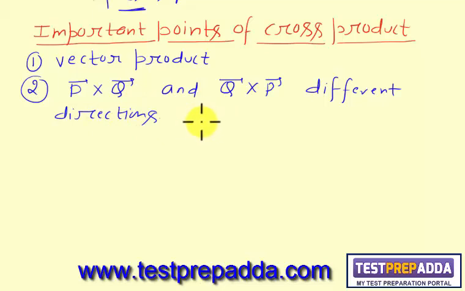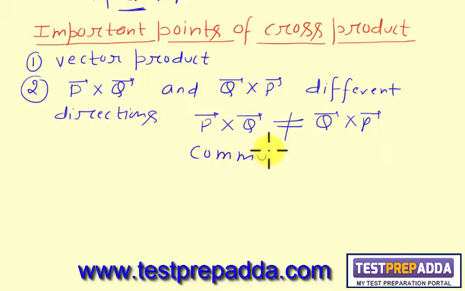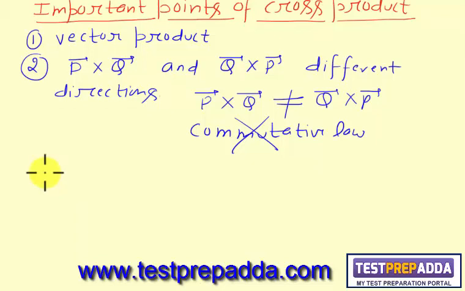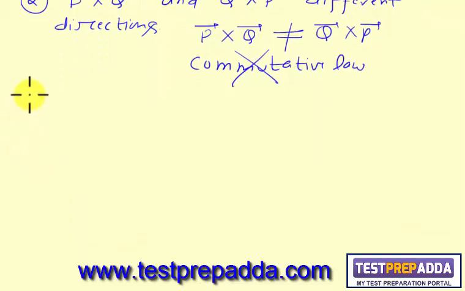If they are not equal, we will write P cross Q not equal to Q cross P. So cross product here does not follow commutative law. This is not followed here, while in the dot product, it was correct.